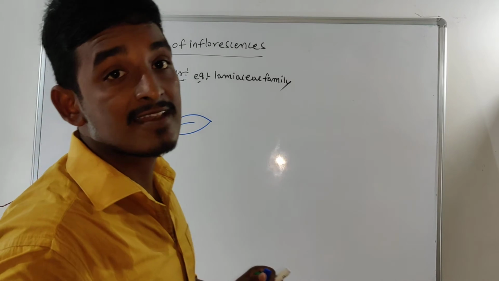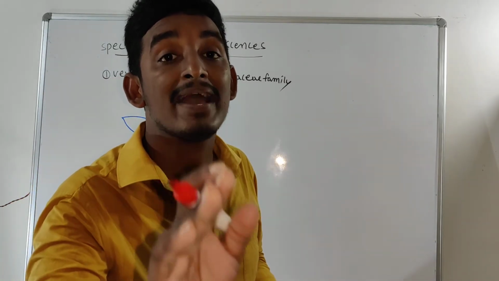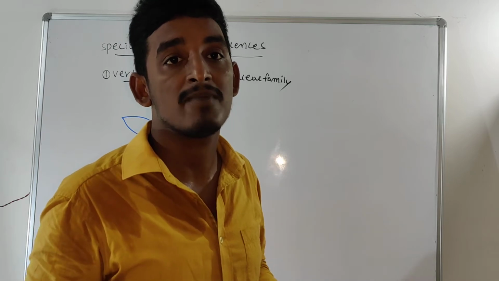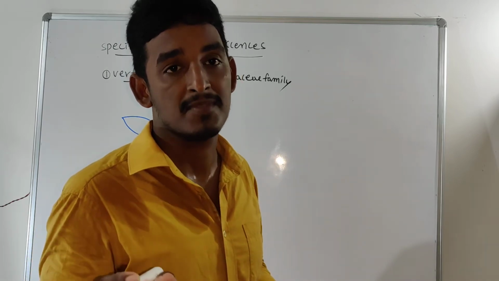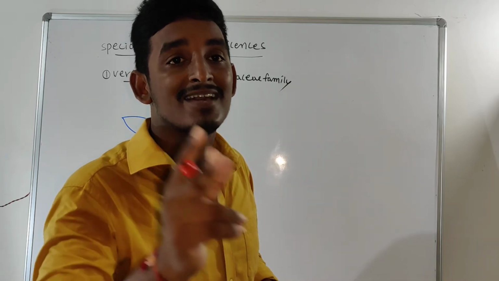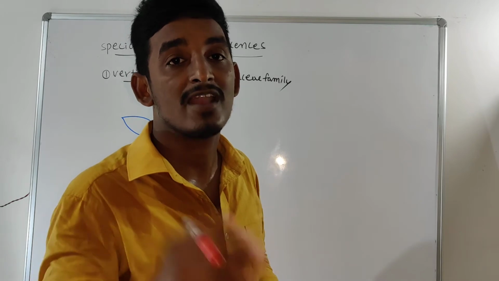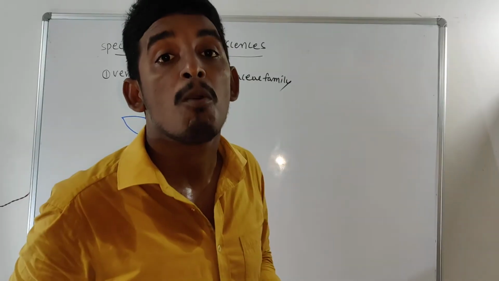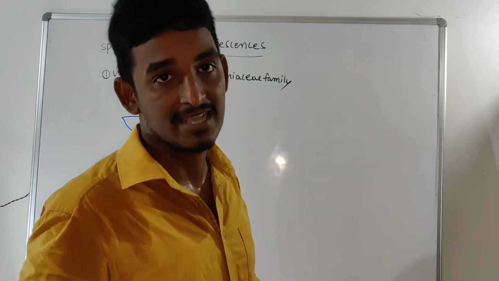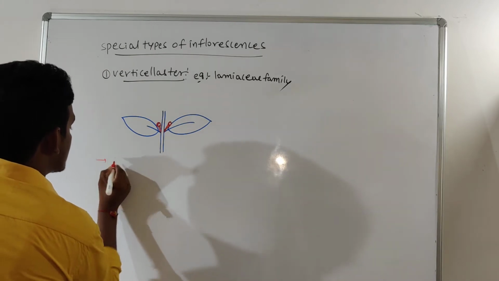In Verticillaster inflorescence, first it behaves like a one or two times biparous cyme. In the previous class we discussed the biparous cyme: the peduncle produces two branches each time. Later, after 2 to 3 times, it behaves like a monochasial scorpioid cyme.